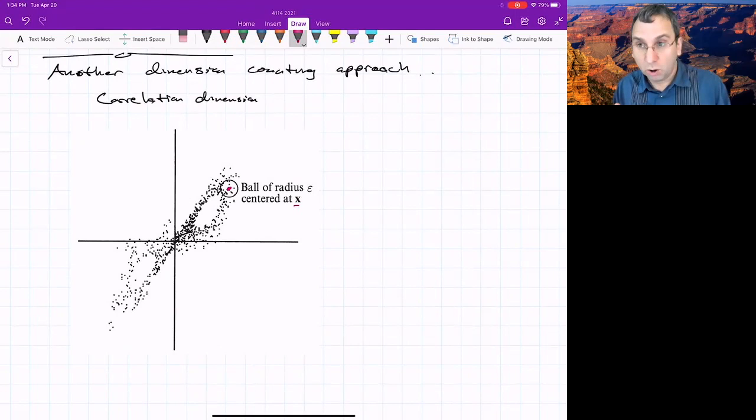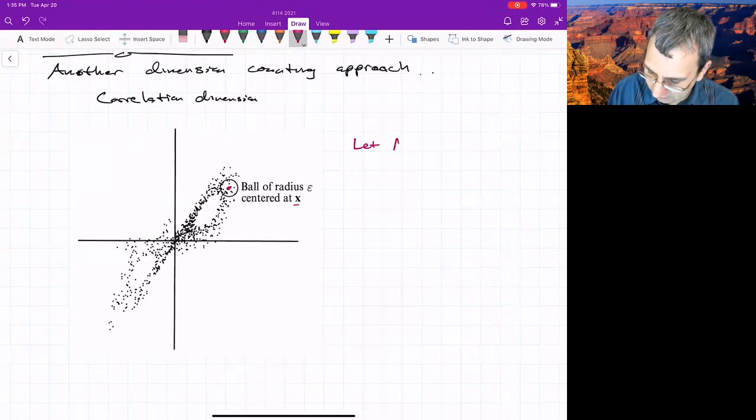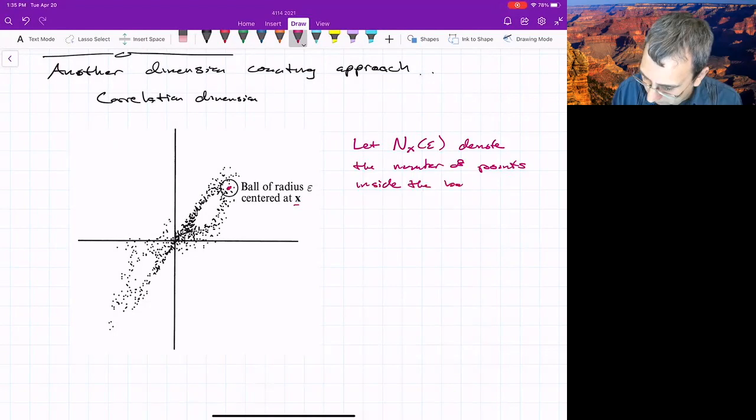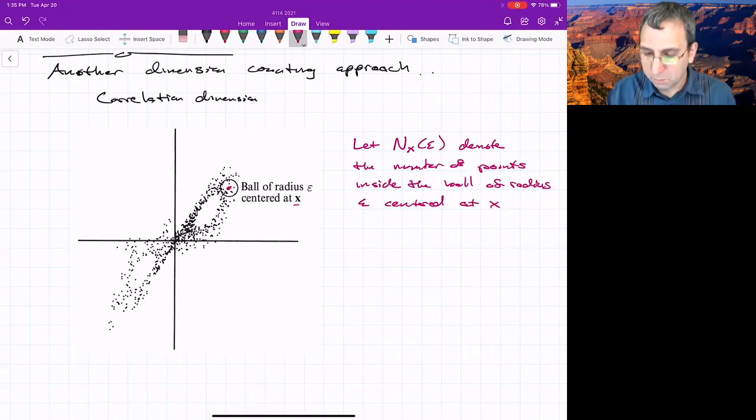So we have a ball of radius epsilon. Again, epsilon just represents a length. We've got a ball of radius epsilon. We can let N_x(epsilon) denote the number of points inside the ball of radius epsilon centered at the point x.